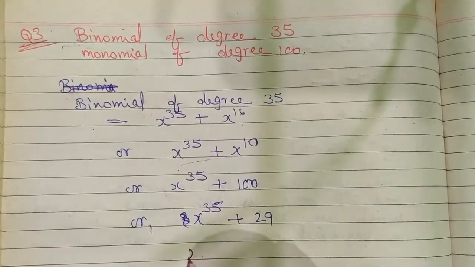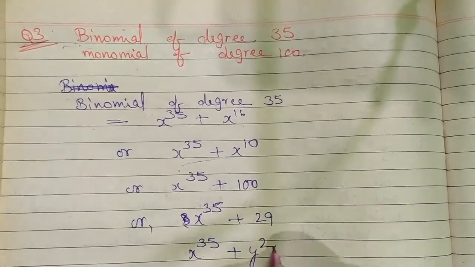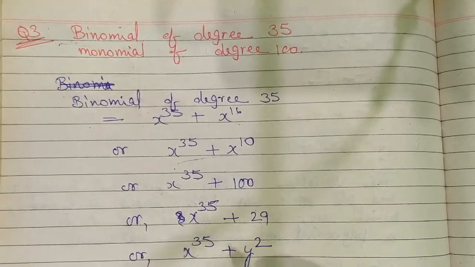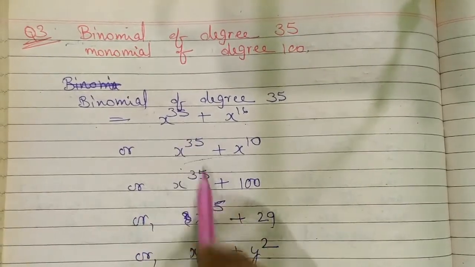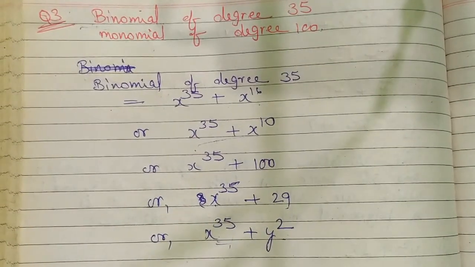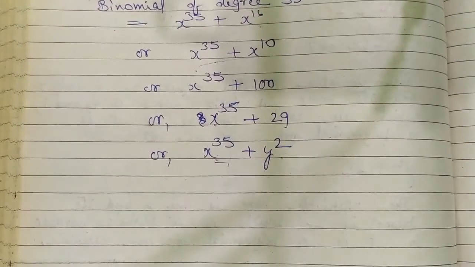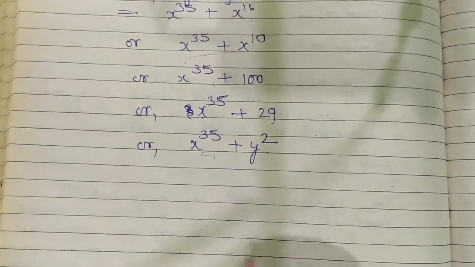Or we can also take x^35 plus y^2, like this, two variables here, or one variable and one constant, but the highest degree should be 35, highest power should be 35, so it is called the degree, you can say. So this was the example of the binomial of degree 35.